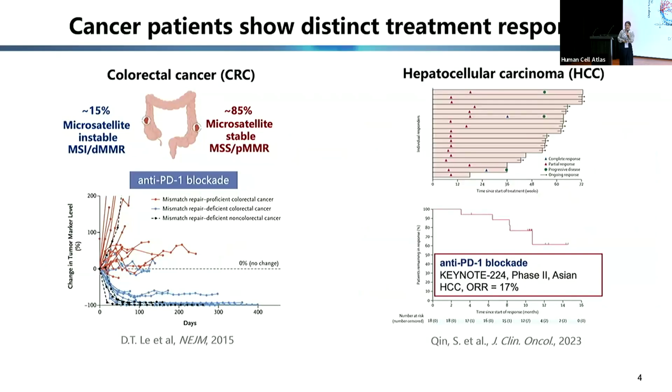In colorectal cancer, for example, the microsatellite unstable patients show favorable treatment responses. However, the large majority of patients are microsatellite stable, and they still cannot benefit from such treatment. Another example is liver cancer, where the treatment efficacy is also low.